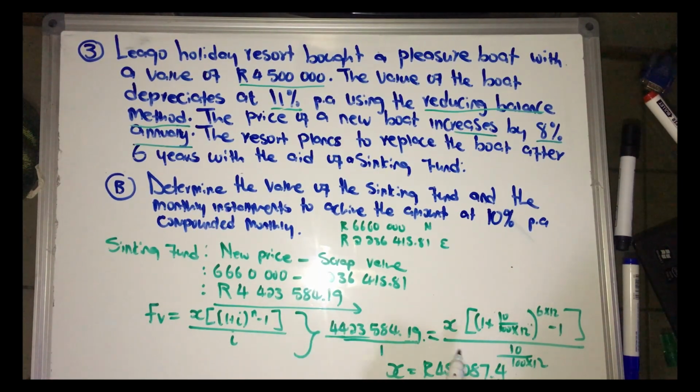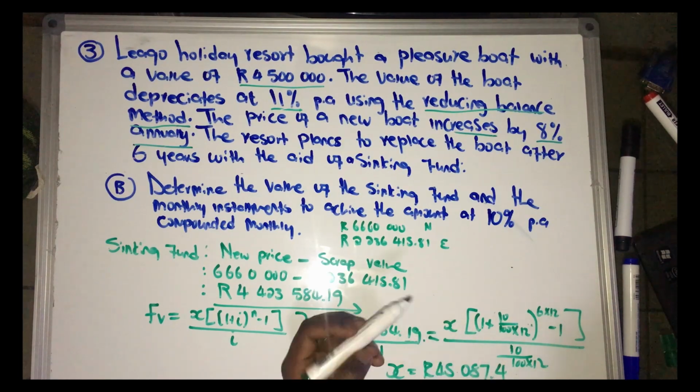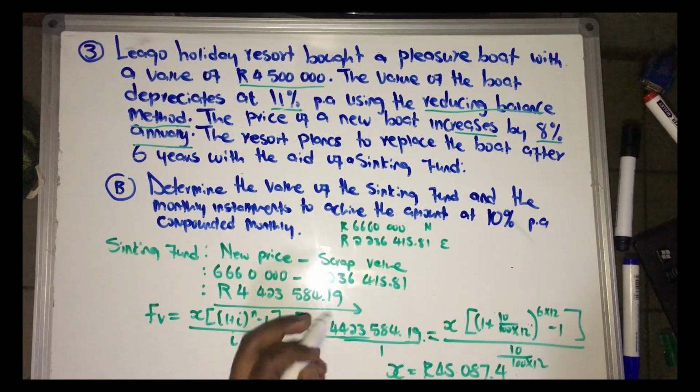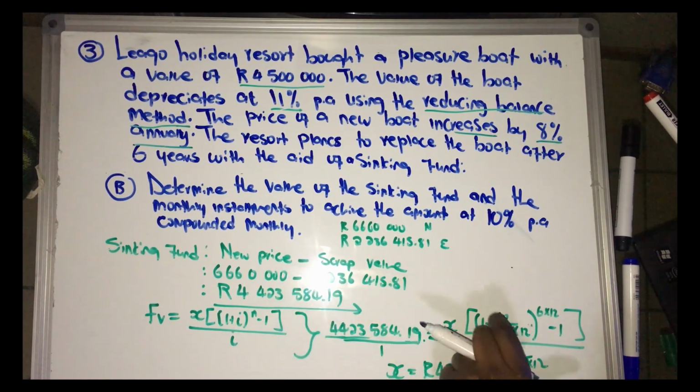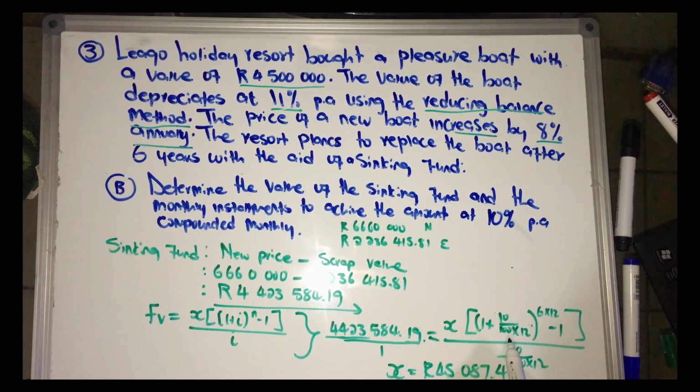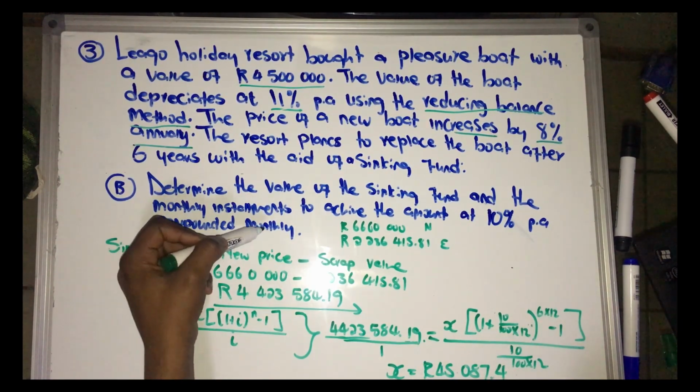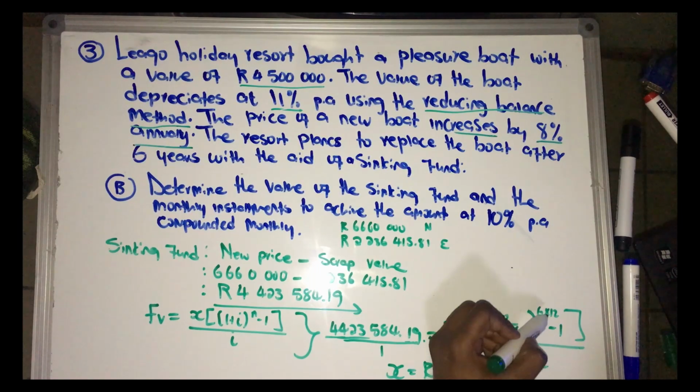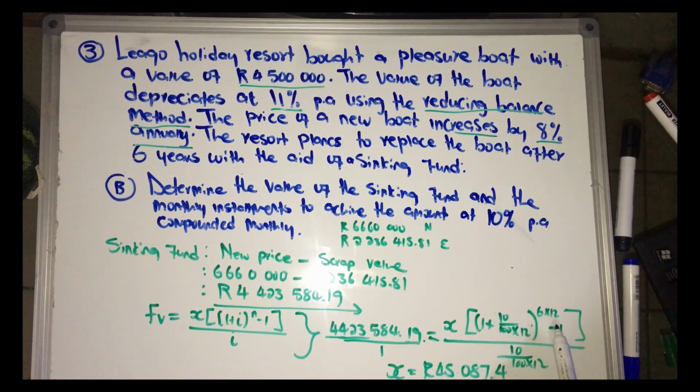We're looking for our x, which is our monthly installment, and we equate the 4.4 million to the whole formula, and our interest is 10%, which is 10 over 100 divided by 12. The 12 is to take note of the compounding, and then all that is raised to 6 years multiplied by 12 to convert the number of years to the number of months, and then minus 1 all over i.